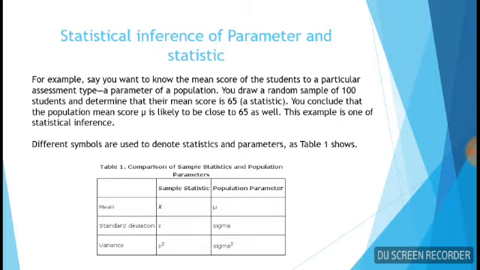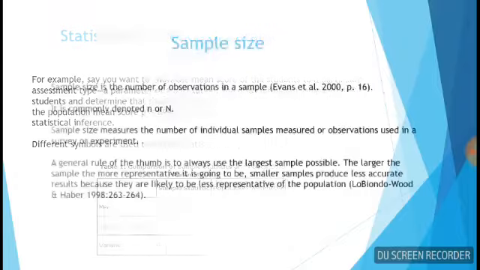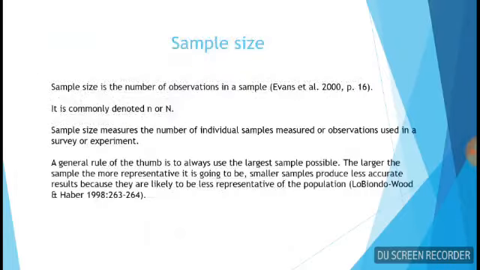This example is one of the statistical inferences. Following is the representation of how we denote statistics and parameters in Table 1. Standard deviation in the sample statistic is shown as S, in the population parameter sigma, variance sigma squared, and mean as mu.